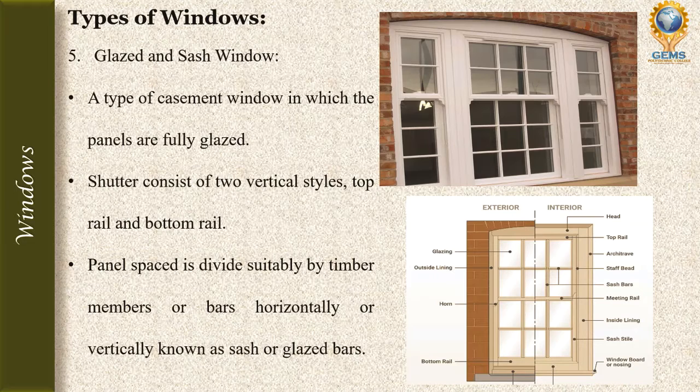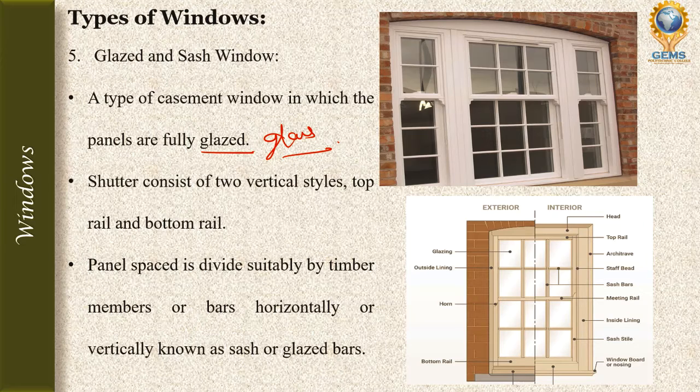Fifth type is glazed and sash windows. It is one type of casement window, but in this window the whole panels will be fully glazed. That means the whole panel will be glass panels, no other panel. Every panel will be in glass.